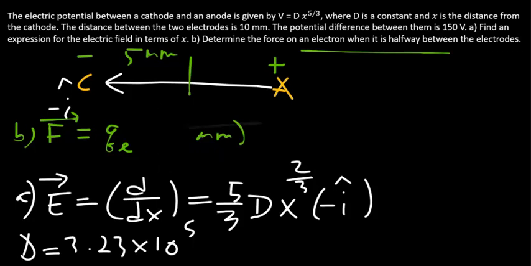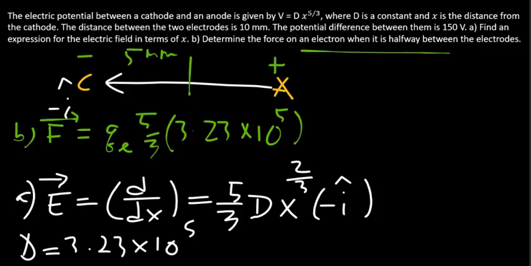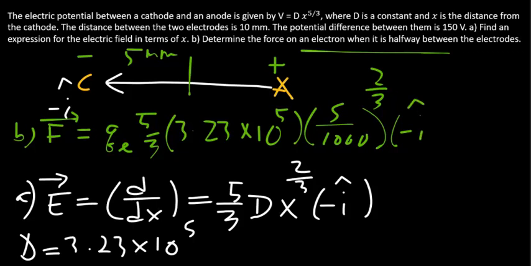So the electric field at that point equals 5 over 3 times D, which is 3.23 times 10 to the power 5, that is what we have just determined, times x, which is 5 millimeters, so 5 over 1,000 meter raised to the power 2 over 3. And don't forget minus i hat.